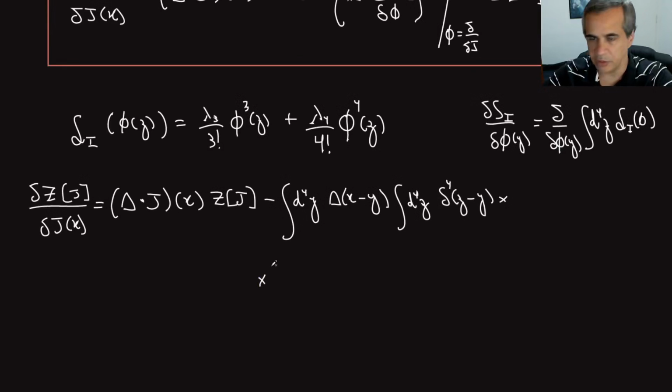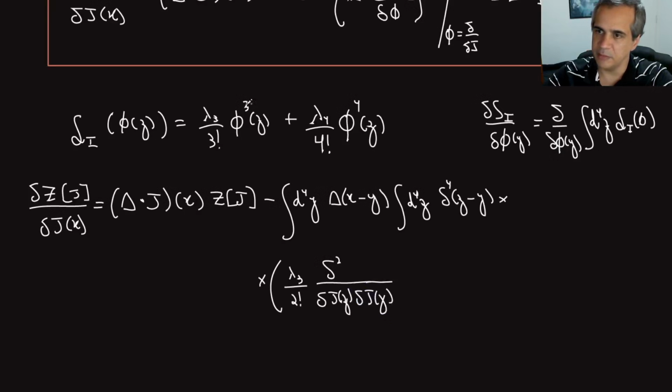So what goes in here is lambda 3 over 2 factorial, because a power 3 came down as I did this derivative. I have phi squared, but I need to replace it by del over del j's. So it's del over del j, z del over del j, z. That's this term, after this derivative, plus lambda 4 over 3 factorial, because the power of 4 came down.